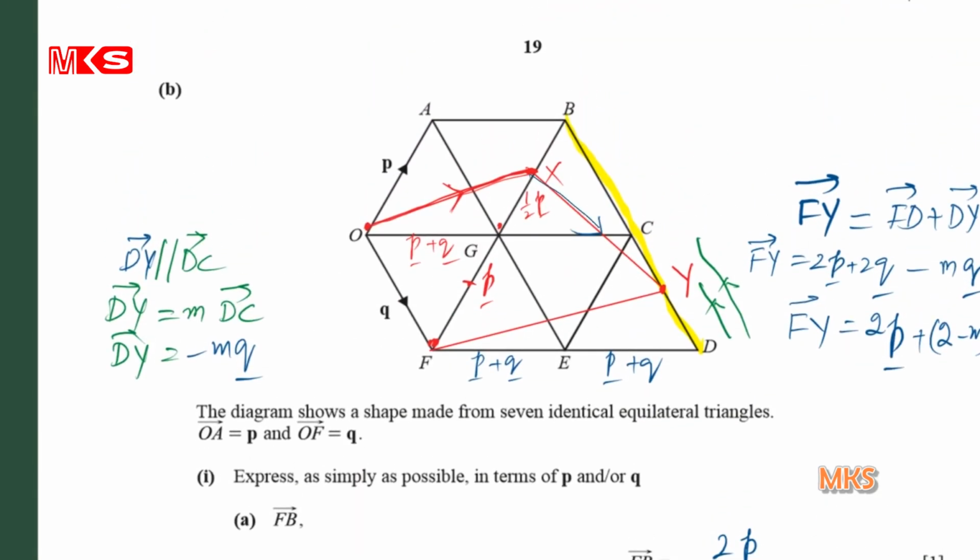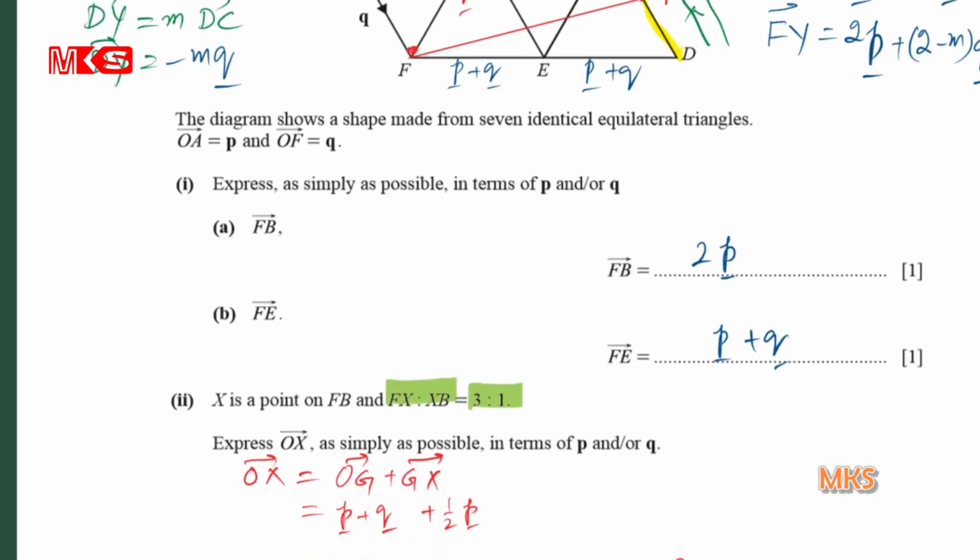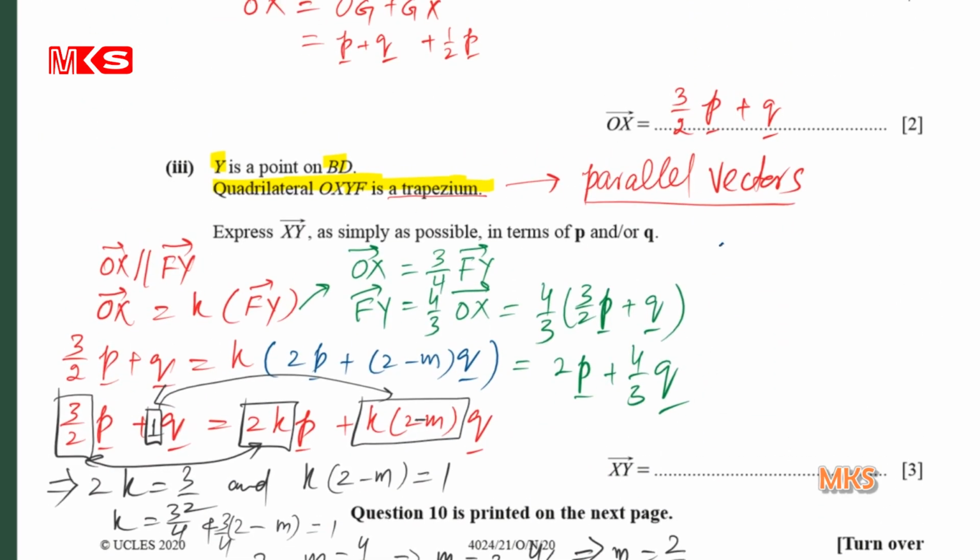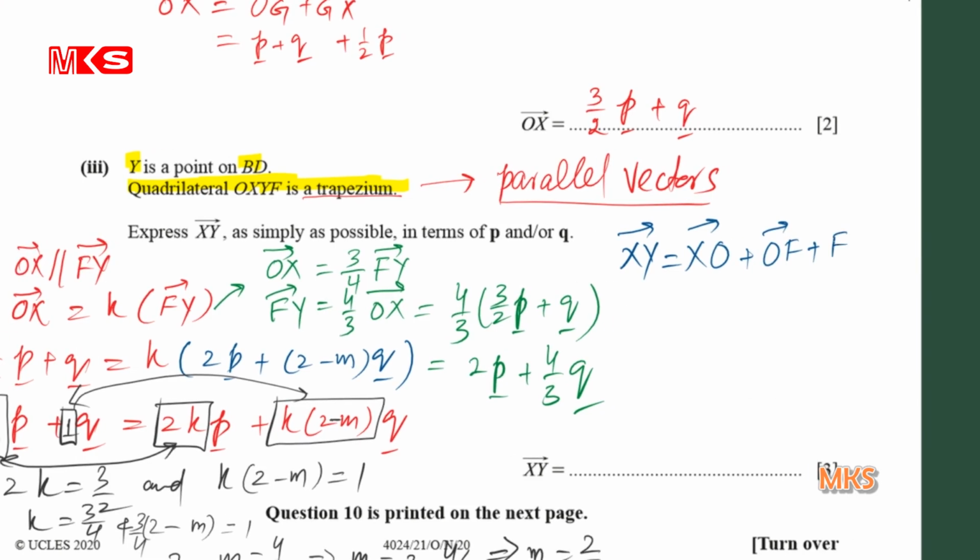Now xy. Xy is this vector. Xy will be xo plus of plus fy. Xo is the negative of ox, which will become minus 3 over 2p minus q.